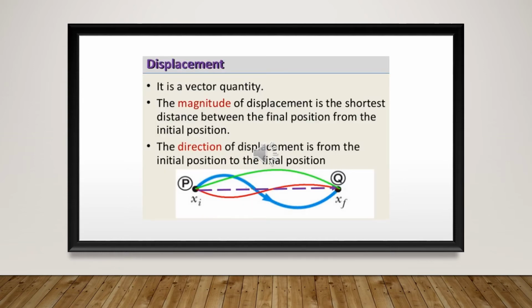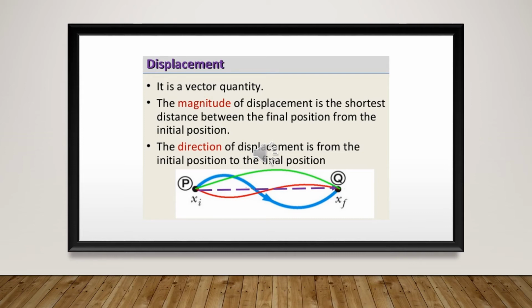Now here you can see that if you are talking about the displacement, so displacement is the shortest distance from the initial position to the final position. Here you can see that the final position is Q and the initial position is P. So the shortest distance from point P till point Q is basically the displacement. And displacement is a vector quantity because displacement is in a particular direction.